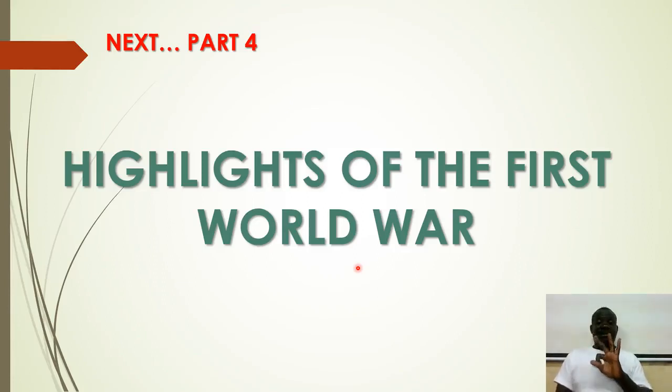These three were the major causes of the First World War. From here, we are going to see the spark: what sparked this First World War? Then we are going to see the highlights: what happened, and where? And later on, we are also going to look at the results and the impact of the First World War.